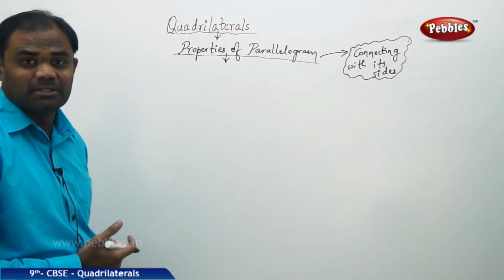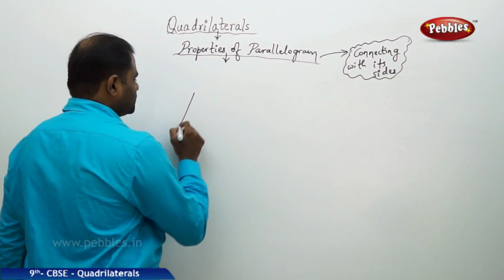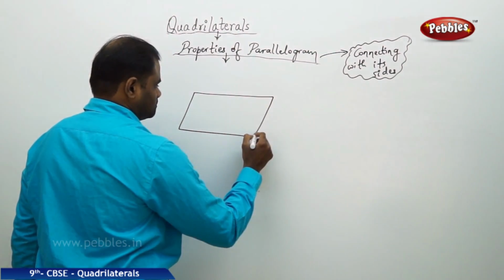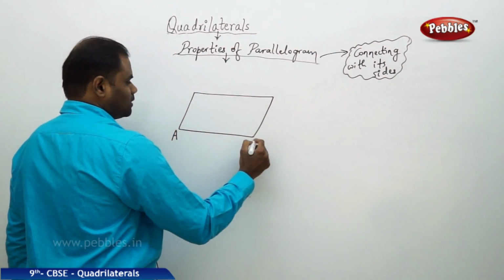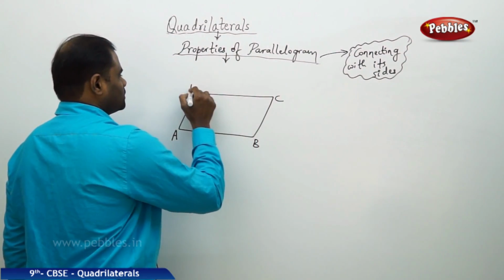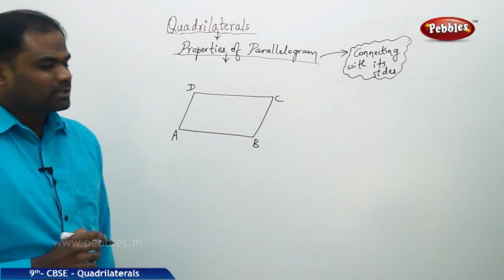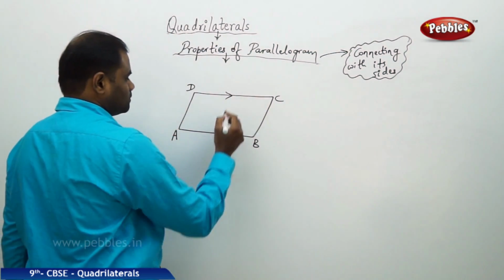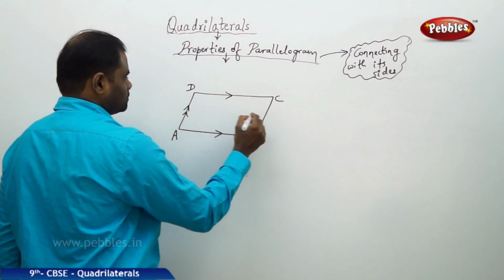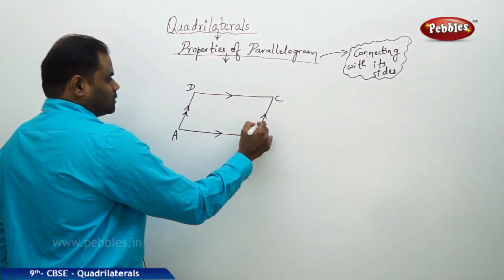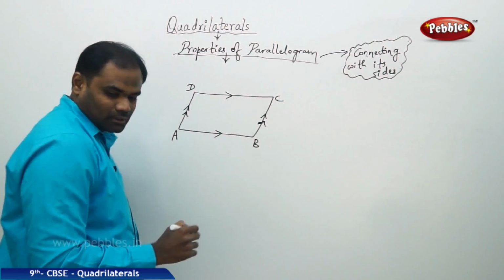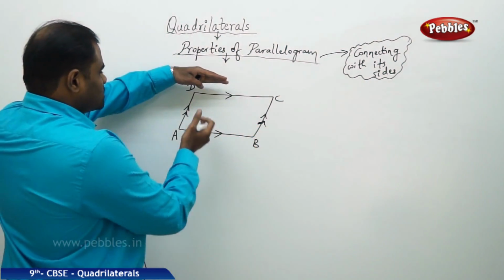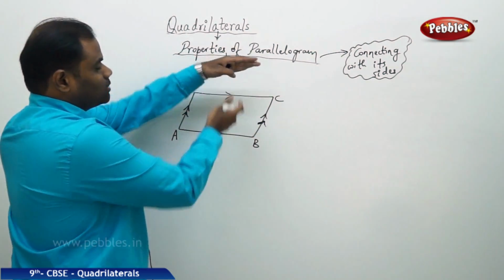Here is the parallelogram ABCD. Clearly in a parallelogram we know that opposite sides are parallel. When the opposite sides are parallel, there is equal distance between the two parallel lines.